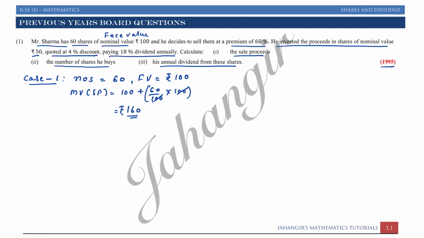He invested the proceeds in shares of nominal value, that is case 2. Let us write case 2 over here. In case 2, the nominal value, that is face value, is rupees 50 quoted at 4% discount. So MV is 50 minus 4% of 50.